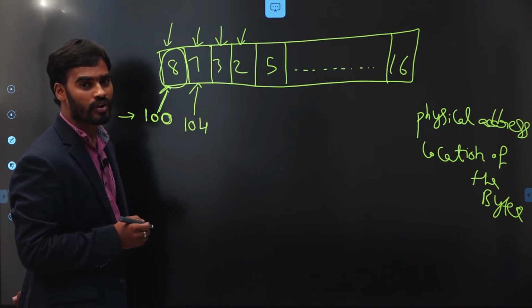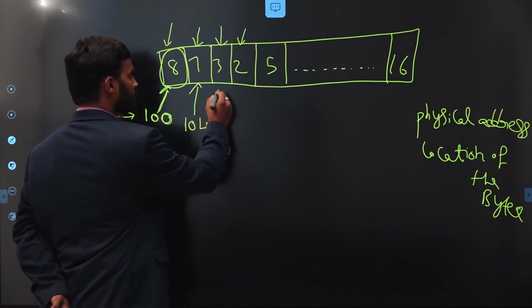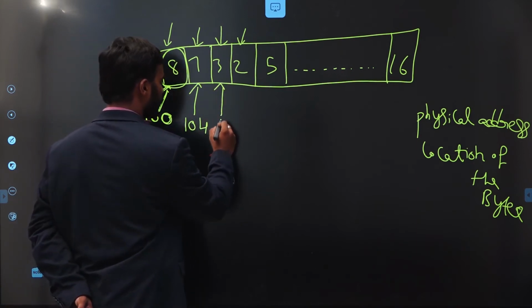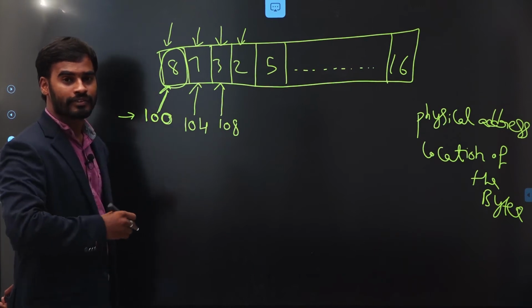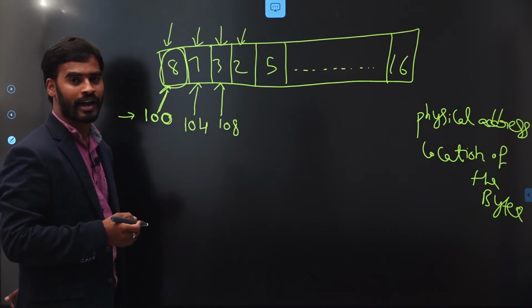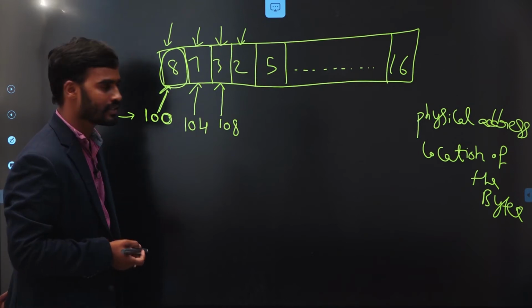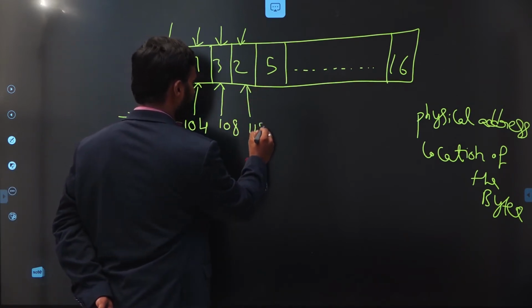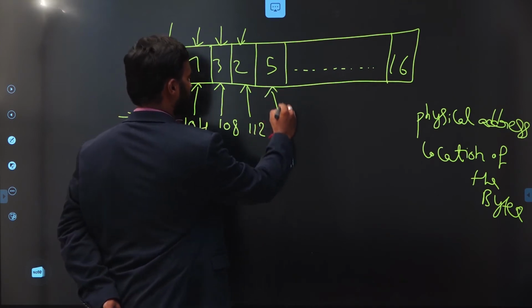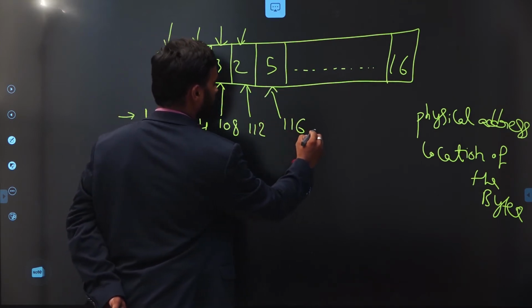If the second block occupies 4 bytes, what is the address of the third block? 108. If the third block occupies 4 bytes, what is the address of the fourth block? 112, and this is 116, and so on.